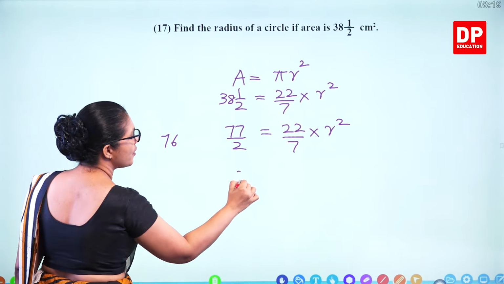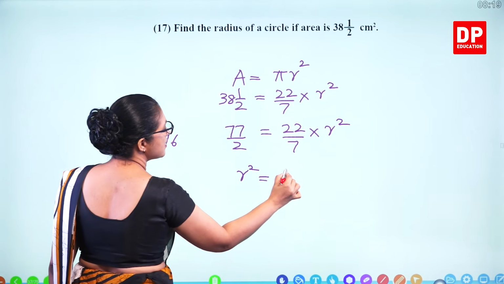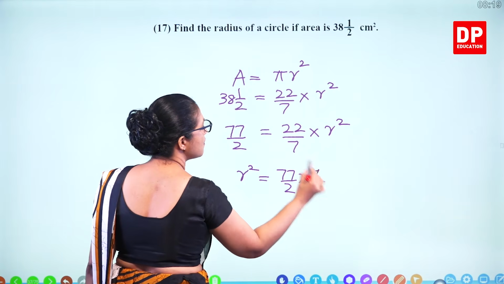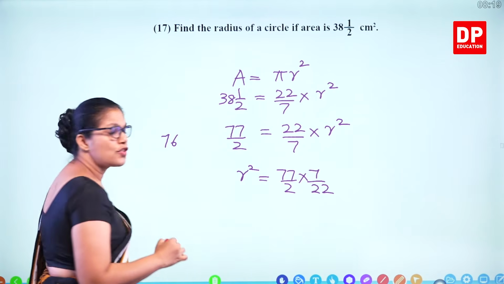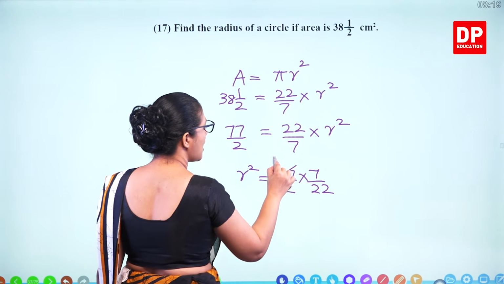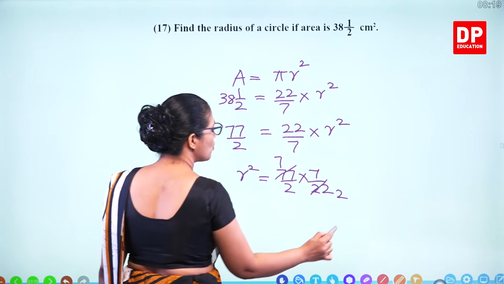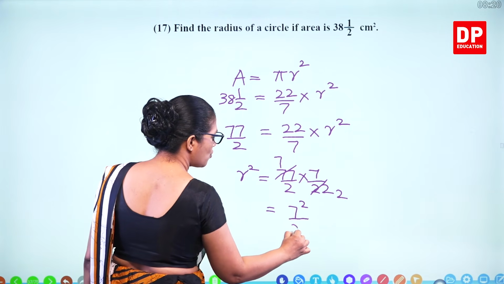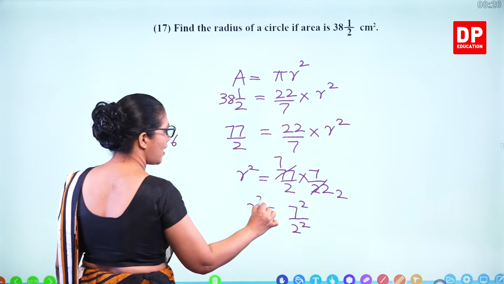Now, how do we find out r squared? Take this one, multiply by 7 and divide by 22. So, you get 11 times 7, 11 times 2. So, you get 7 squared over 2 squared is r squared.